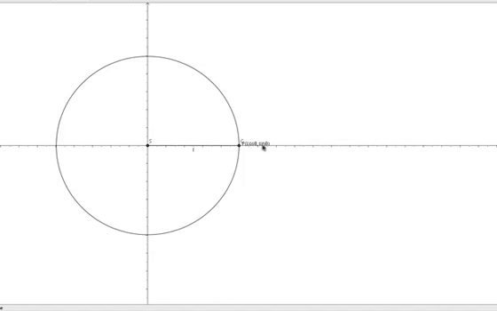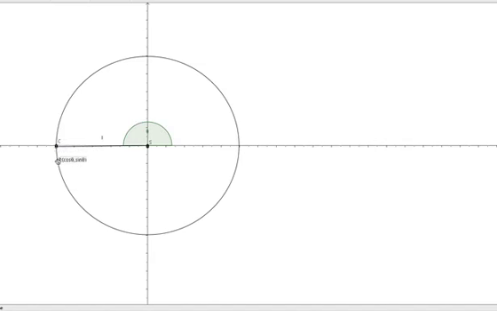So we can see that sine theta, if we start at an angle of 0 and move towards 90, will start at 0 and increase in value until when the angle is 90, the value of sine is then 1. As the angle then continues to increase, the value of sine is now getting smaller, and it comes back down to 0 when the angle is 180.